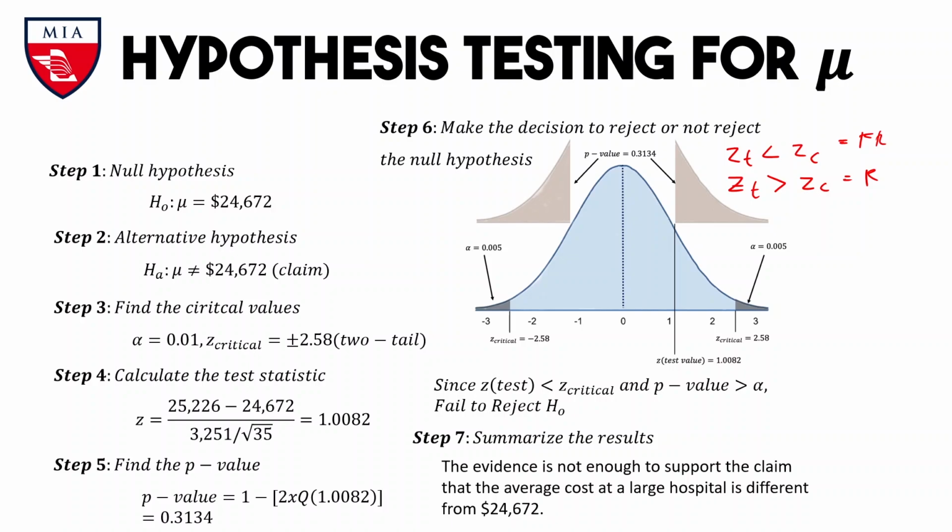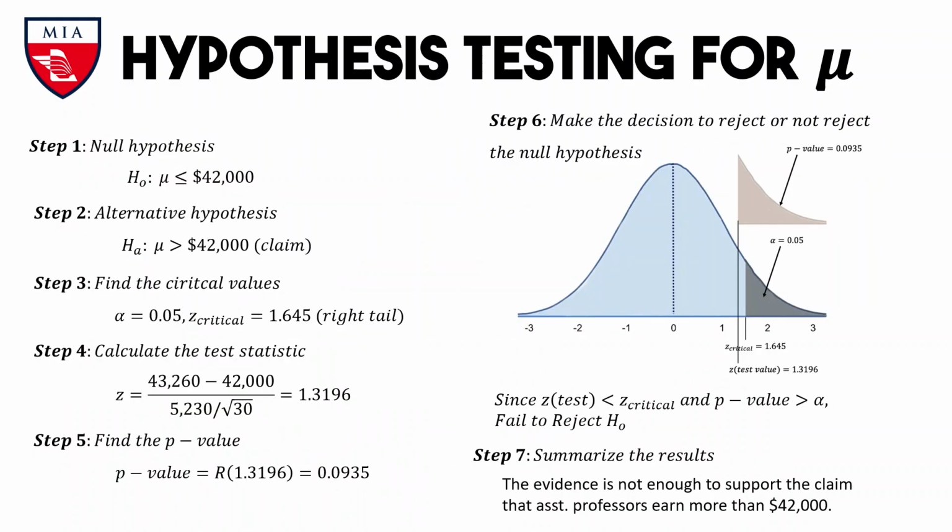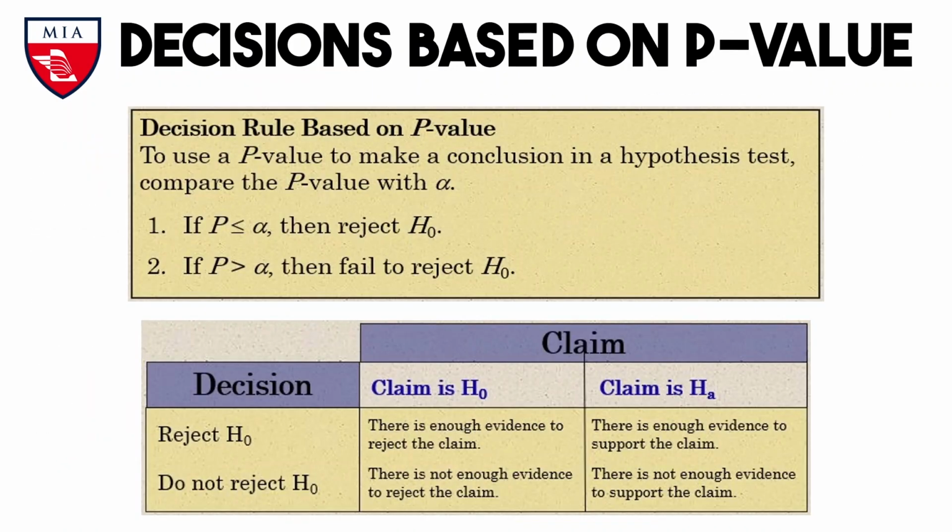The correct way, or I mean it's correct, but the most precise way for us to decide whether to reject or fail to reject is by looking at the critical values. So let's go back to this statement here.